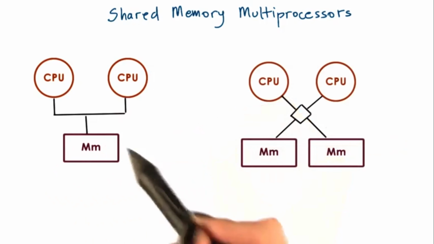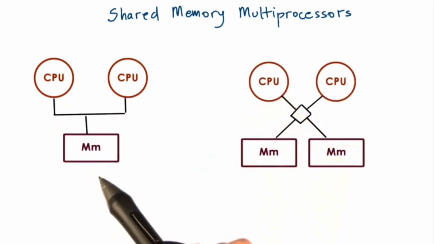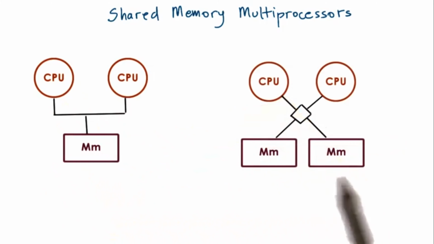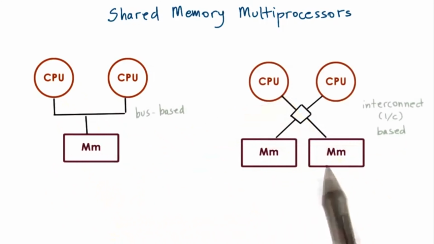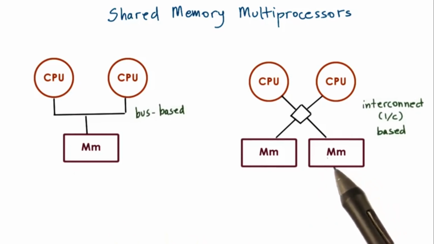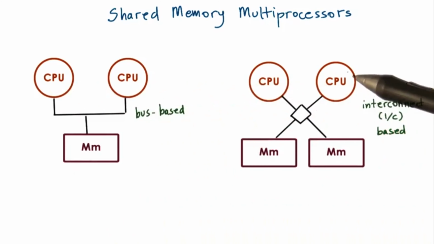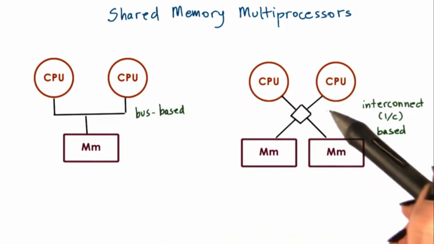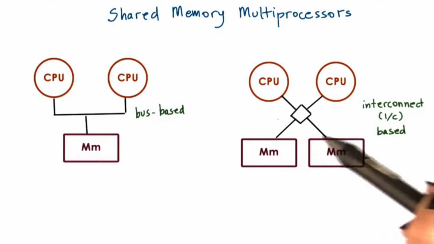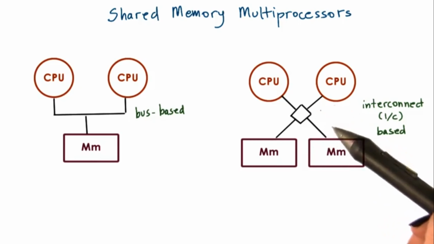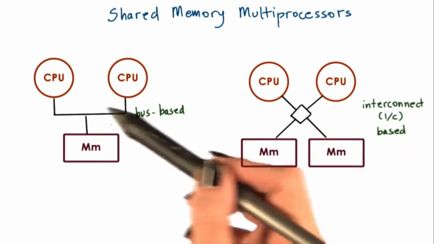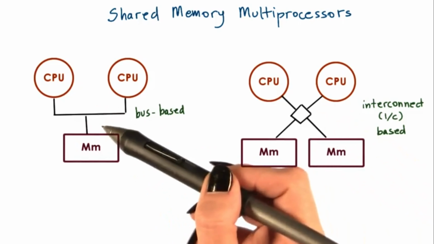The shared memory may be a single memory component that's equidistant from all of the CPUs, or there may be multiple memory components. Regardless of the number of memory components, they are somehow interconnected to the CPUs, and in this figure I'm showing an interconnect-based connection, and this is more common in current systems, or a bus-based connection, which was really more common in the past.